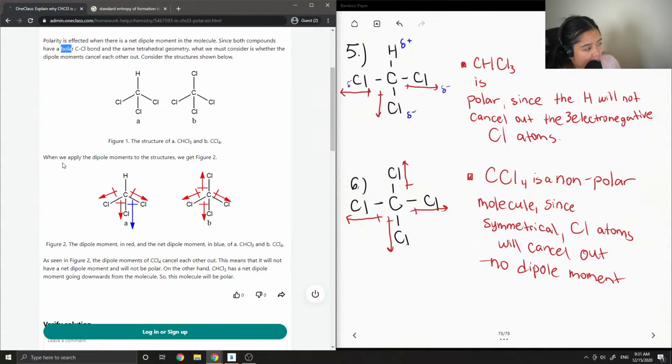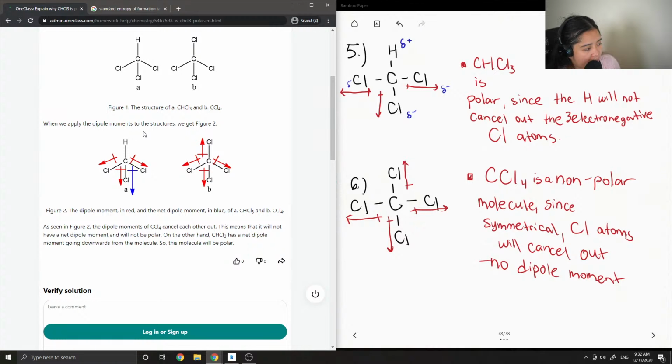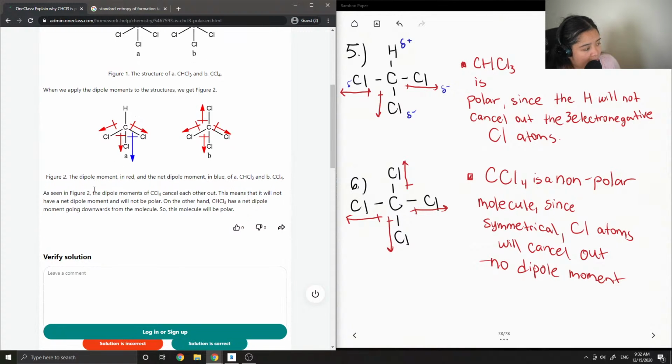Yep. When we apply the dipole moments to the structures, we get figure 2. The dipole moment in red and the net dipole moment in blue of CHCl3 and CCl4. As seen in figure 2, the dipole moments of the carbon tetrachloride cancel each other out.